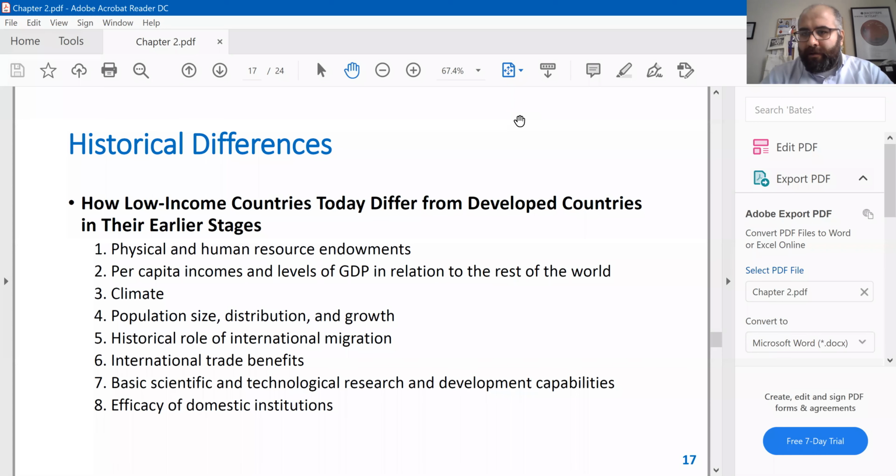But that type of knowledge was not necessarily created in modern universities or by people that are typically professional scientists, okay? Today, we have a different world, of course. There's a modern university system in developed countries and some of the developing economies.